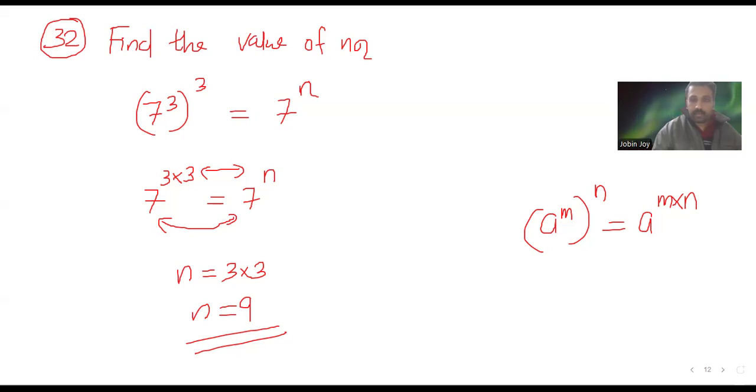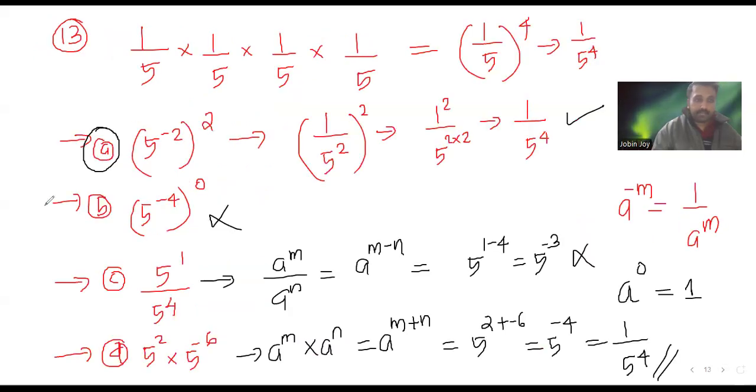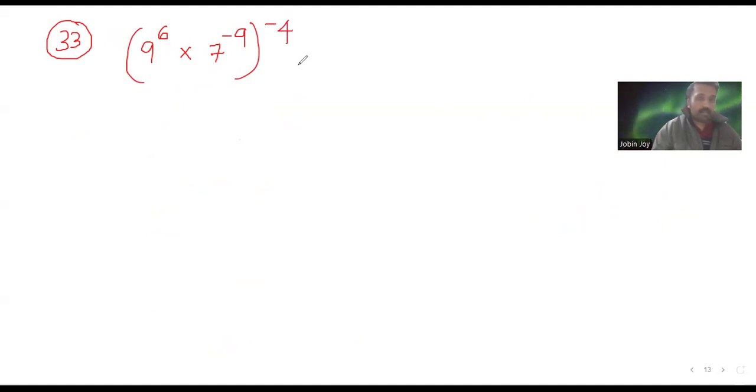Then question number 33 is select the equivalent expression of 9 raised to 6 into 7 raised to minus 9, the whole raised to minus 4. I will apply the law a raised to minus m equals 1 by a raised to m.